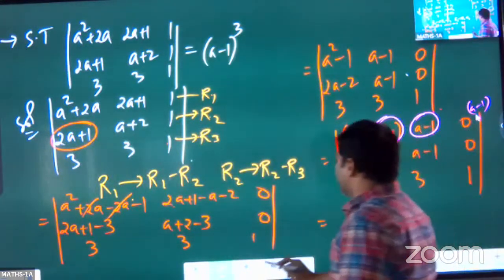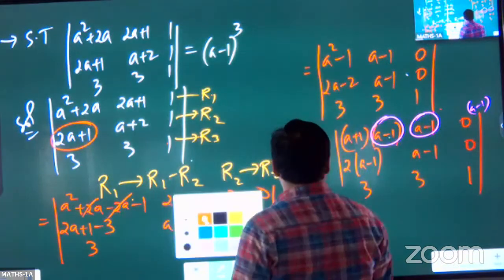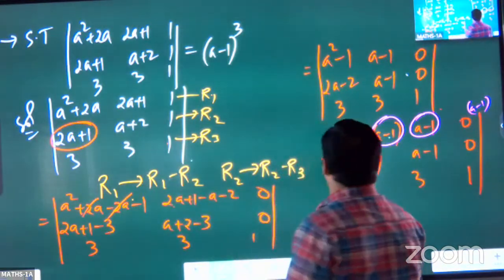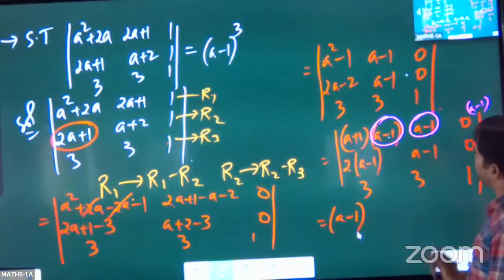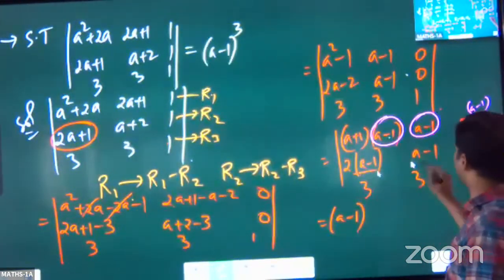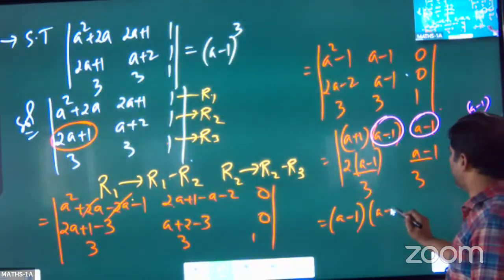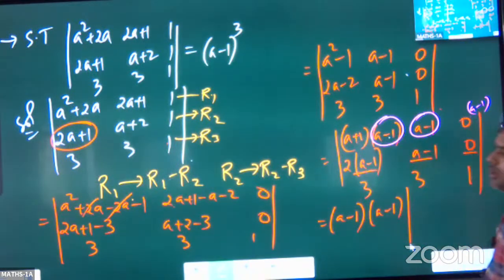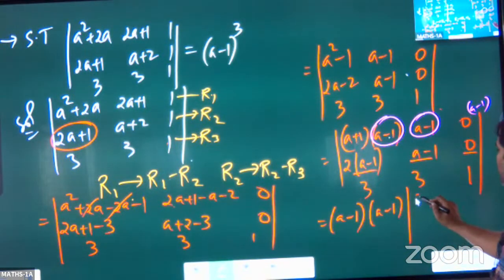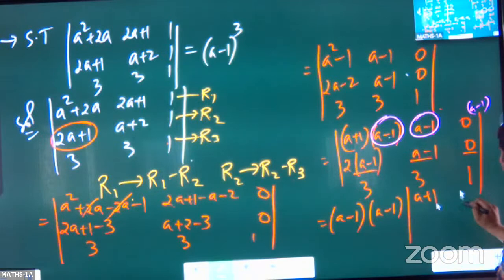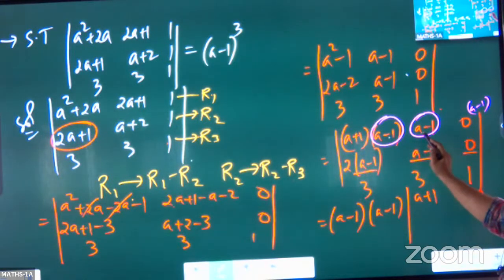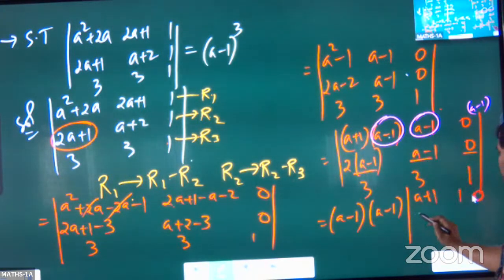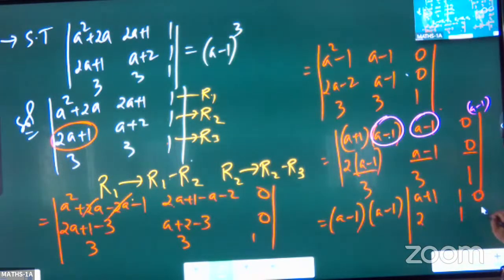So I can take A minus 1 common from the first row. Same, A minus 1 common from the second row. Please write the determinant. What is left out? That is A plus 1, 1 and 0. Correct? Because I took A minus 1 common. Next, 2 will be left out, 1 and 0. And this is 3, 3, 1. I hope you understood the operations I did.